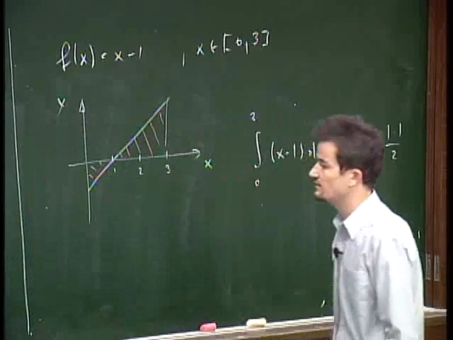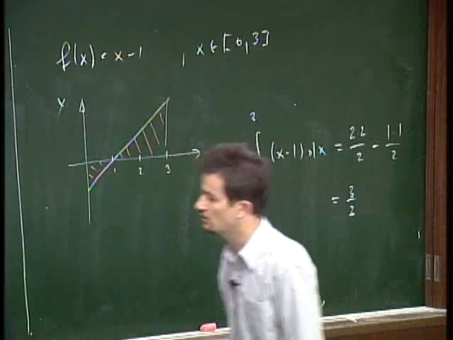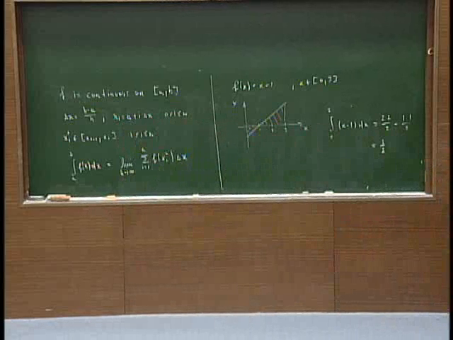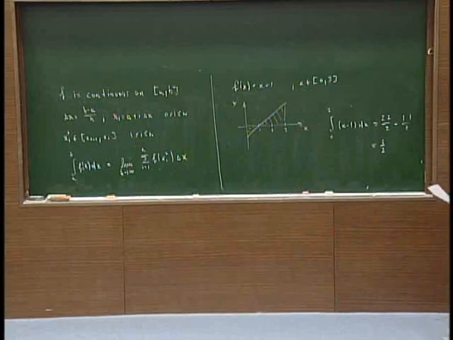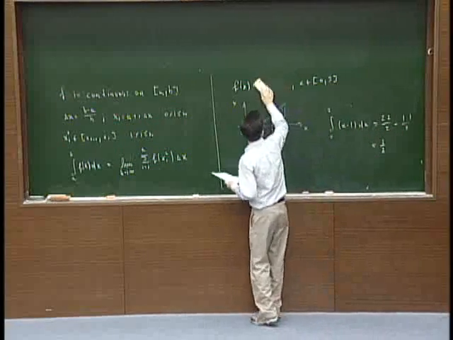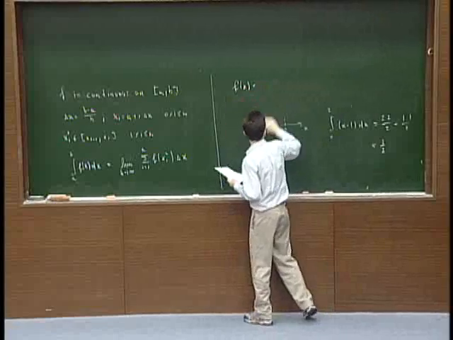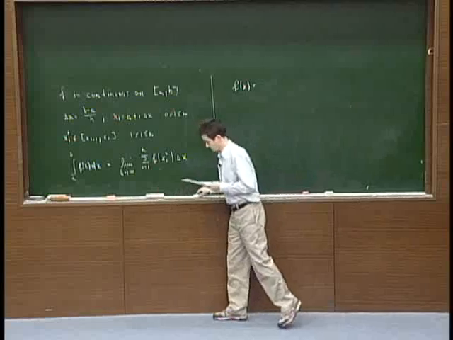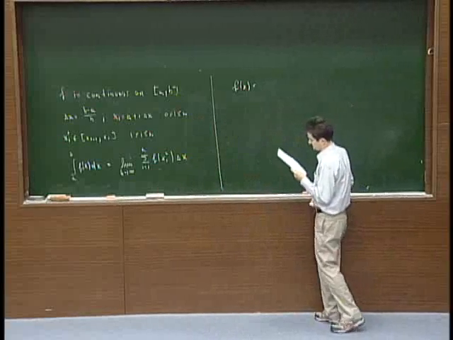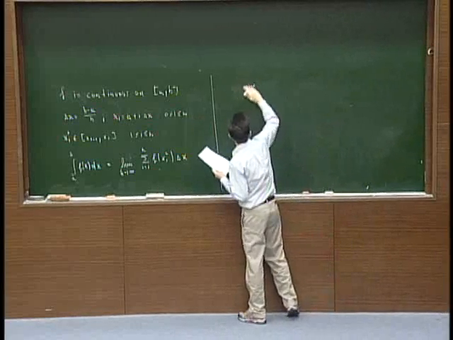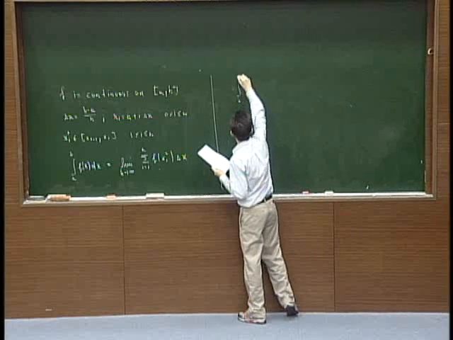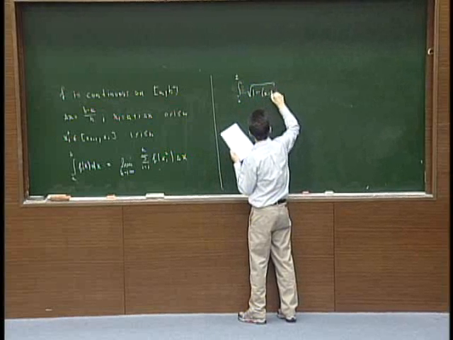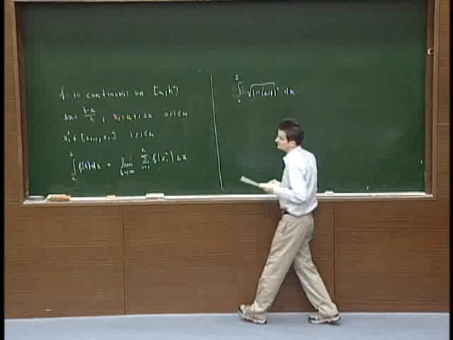Now, maybe this example is a little bit too trivial, but if you look at a slightly more complicated example, okay, so for instance, if you are asked to compute this integral, the integral from 0 to 2, and then the square root of 1 minus x minus 1 squared dx.